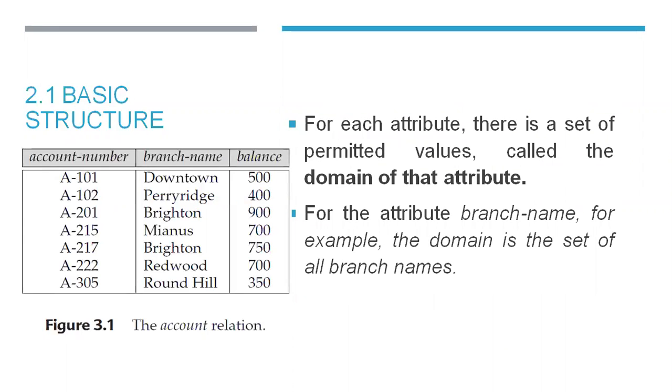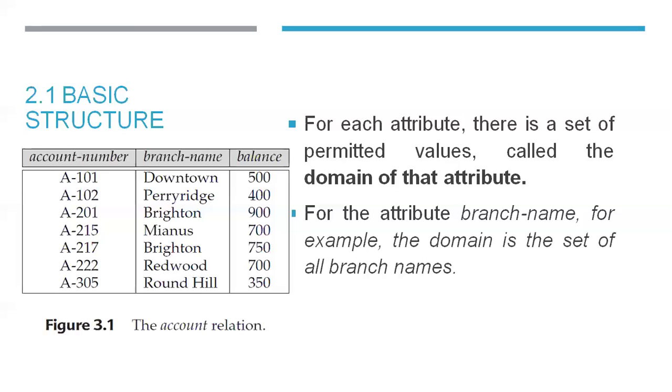Now for each attribute there is a set of permitted values called the domain of that attribute. For the attribute branch name, for example, the domain is set as all branches. So there is a set of permitted values for each and every column, because branch name is having a set of branches. From that only the branch name will come.